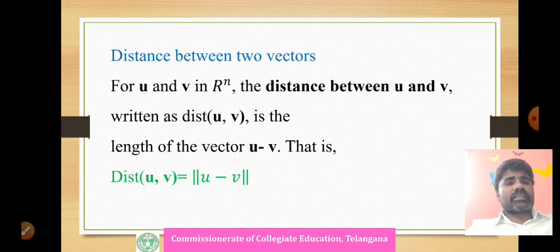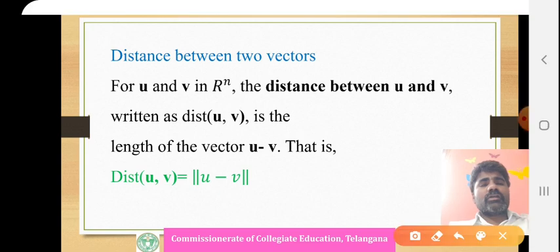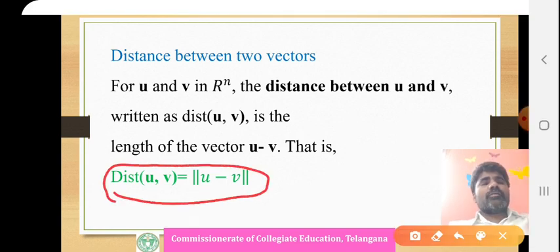That means distance of u comma v equals norm of u minus v.